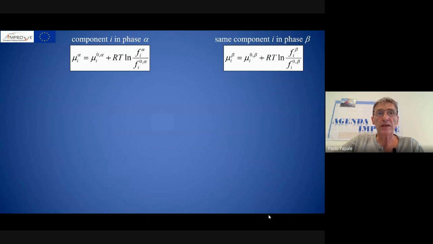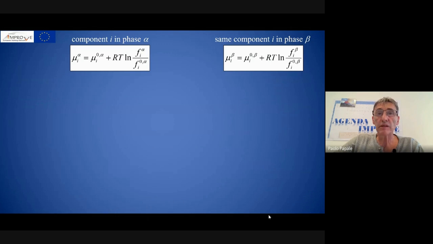So let's write the chemical potential of the component I in phases alpha and beta. On the left, we have the chemical potential of I in phase alpha, given by the chemical potential of I in some reference state.